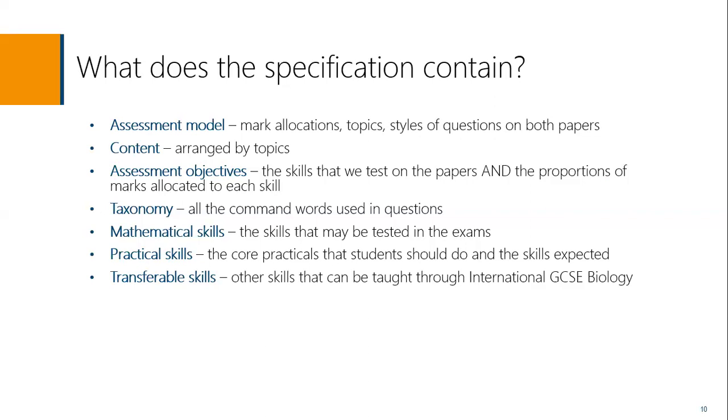It's also got the assessment model, the assessment objectives, which are the skills that we test on the papers and the proportions of marks allocated to each skill, the taxonomy, all the command words used in questions, which your students should be familiar with because it will direct them into the type of answers they need, the mathematical skills that might be tested in the exams, the practical skills, which will list the core practicals and also the type of practical skills the students will be expected to know, and then the transferable skills, other skills that can be taught through International GCSE Biology.